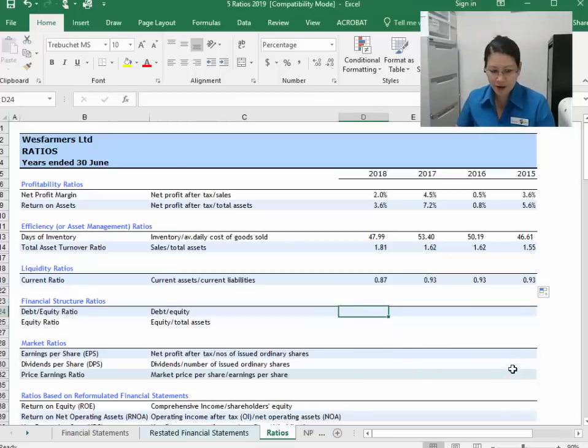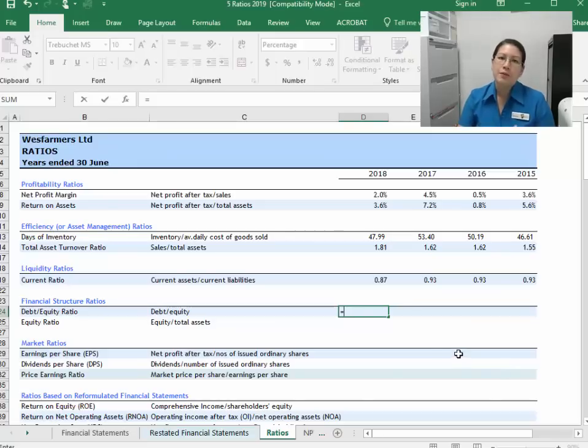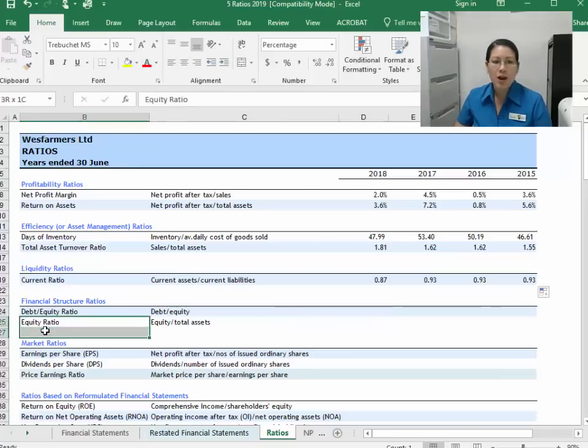Okay, financial structure ratio. This tells us how the company is funded. Remember in the theory component that I talked about earlier, we've got a debt equity ratio, and then we've got an equity ratio and a debt ratio.